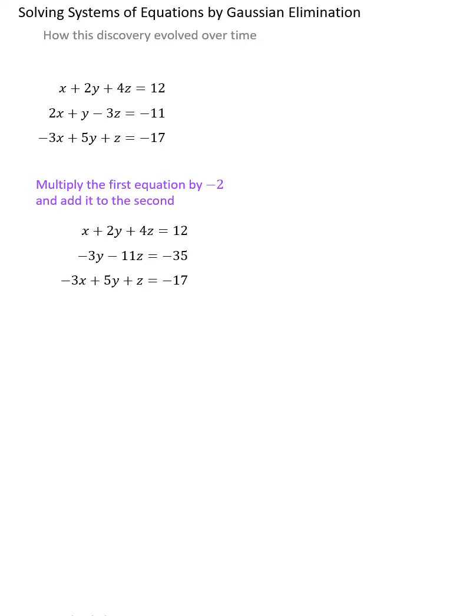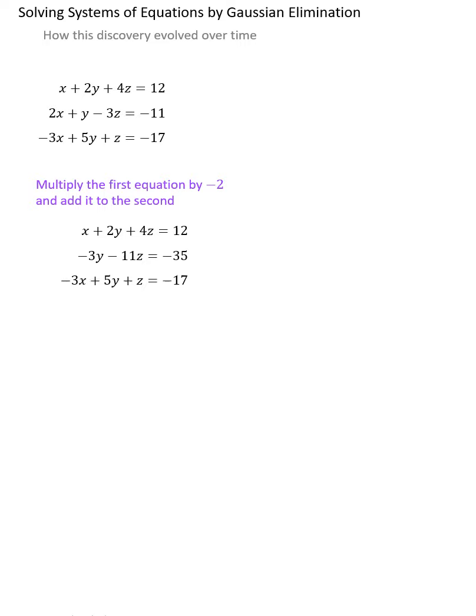Look at the second equation in each of these. In the top, the second equation has an x, y, and a z. In the bottom system, the second equation no longer has an x. The thought was, if we could choose clever multipliers and add clever equations together, we could eliminate variables in one fashion or another, and the more variables we eliminated would increase the likelihood of finding a solution.